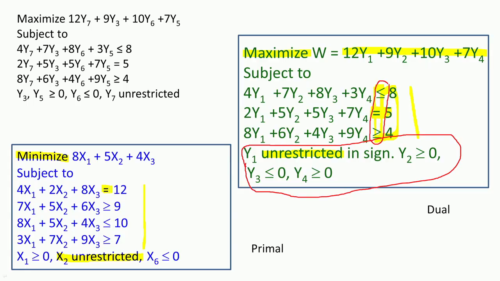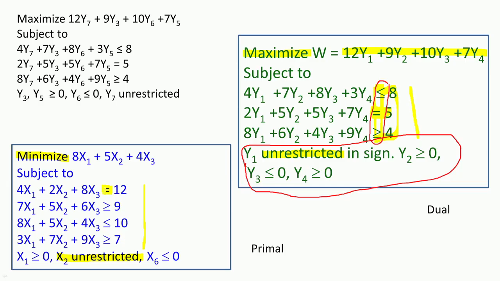So there is a relationship between this equation and the unrestricted variable. So if the ith constraint is an equation in the primal, then the ith variable will be unrestricted in the dual. If the jth variable is unrestricted in the primal, the jth constraint will be an equation in the dual. This is also understandable because if we looked at this equation, in the conversion process we wrote this equation as 2 constraints.